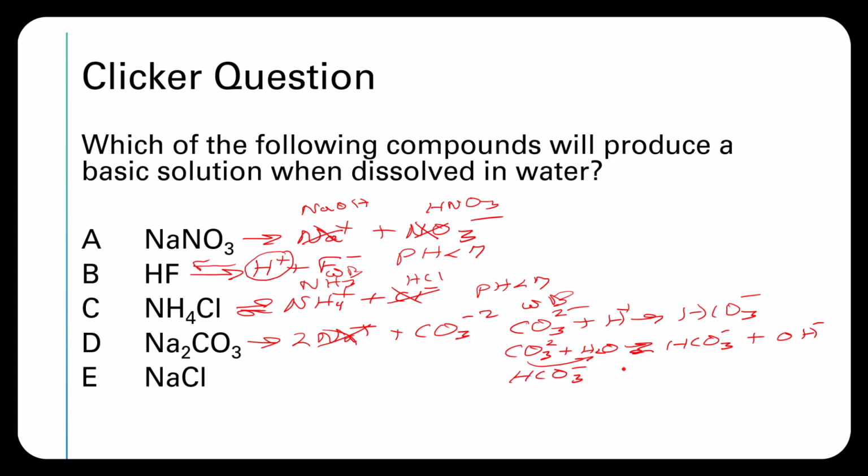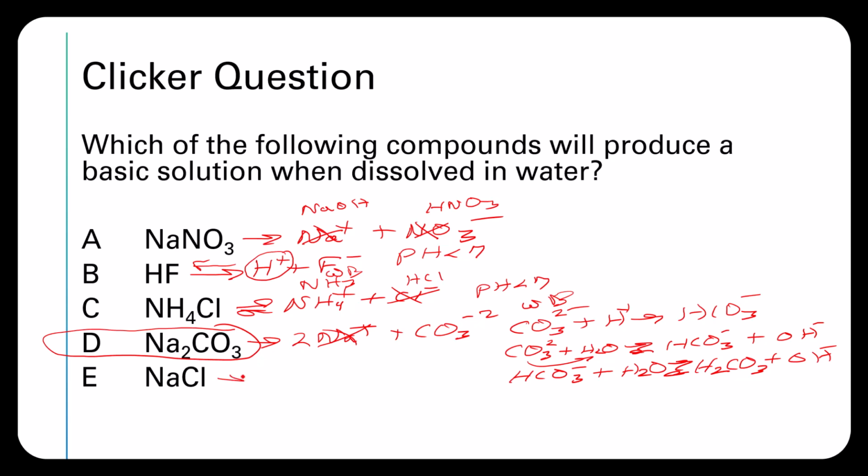It's going to pick up another proton off of water in an equilibrium reaction. It's behaving as a weak base. It's going to make the weak acid carbonic acid, which you get a dose of every time you drink a carbonated beverage, and it's putting out hydroxide ion. So your answer is D. This will be the most basic solution.